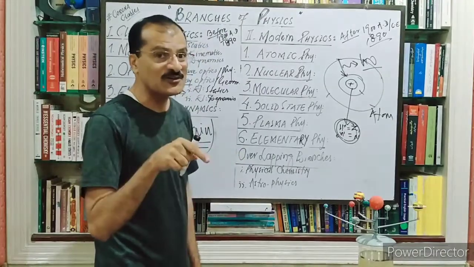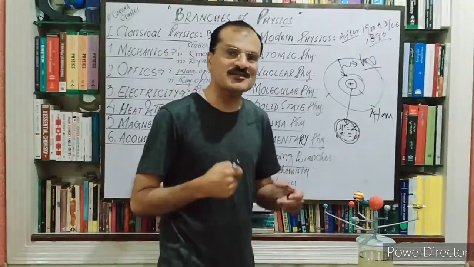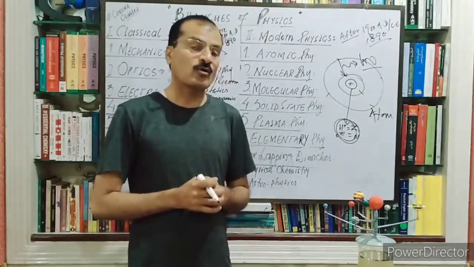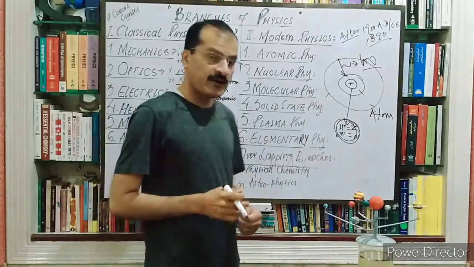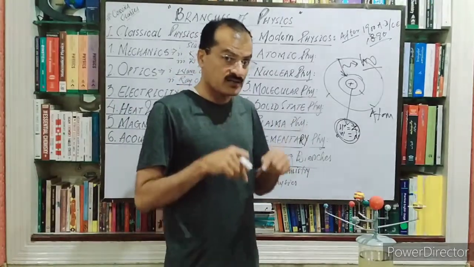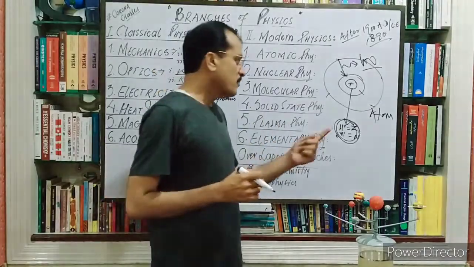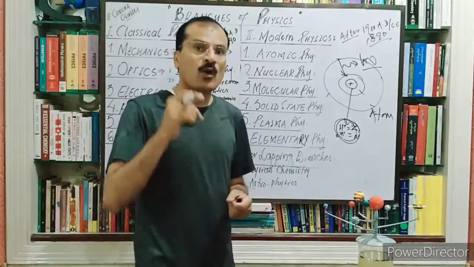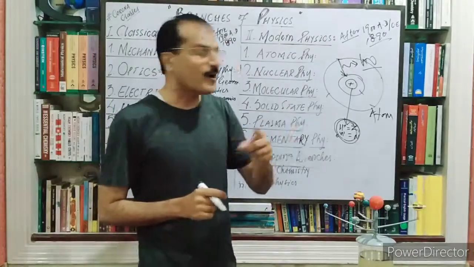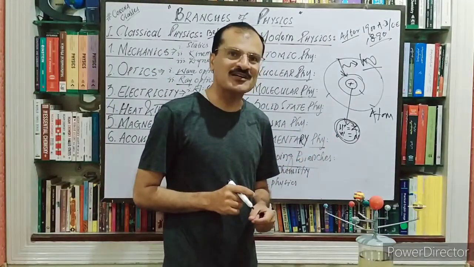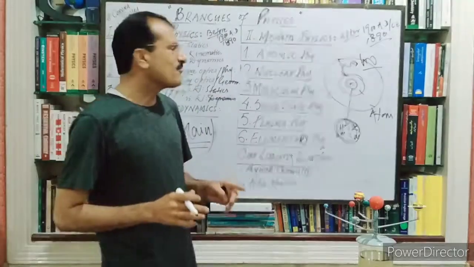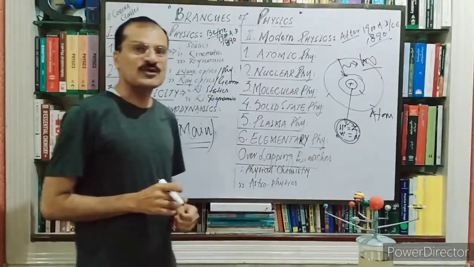But I told you the protons and neutrons have been subdivided into quarks, because they are made of quarks. So we can say quarks are the basic particles, and 2 ups and 1 down make the proton, 2 downs and 1 up make the neutron. Such type of study is included in nuclear physics.